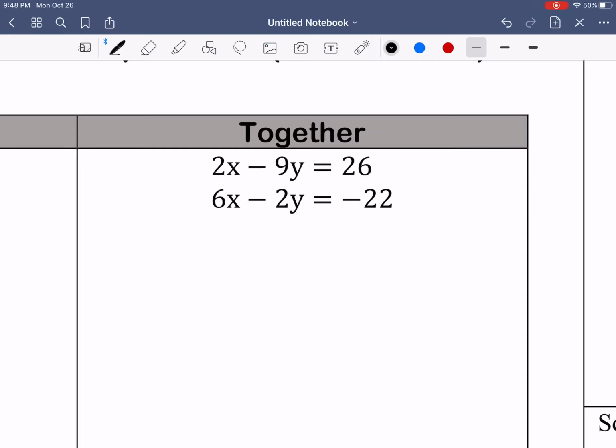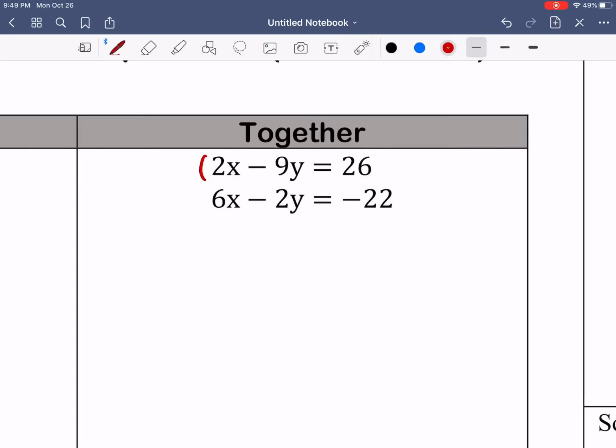First, what you have to do is simple. Do you see this equation on the top and the equation on the bottom? You have to cancel out either x or y. Now, in this case, canceling out x is going to be easier because, for example, can you make this 2x into 6x by multiplying by something?